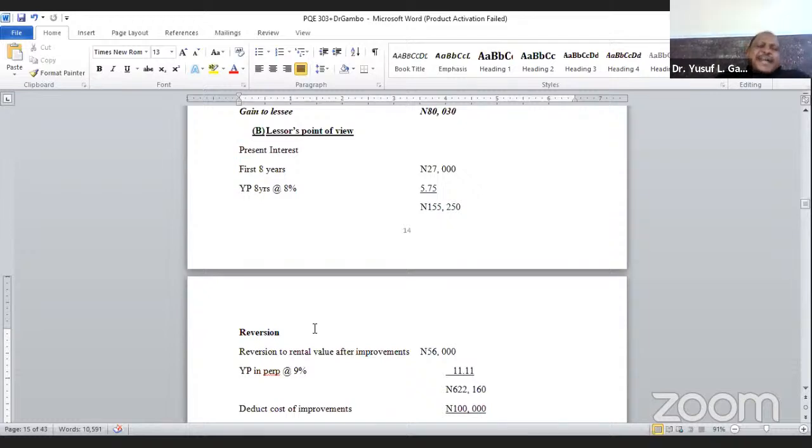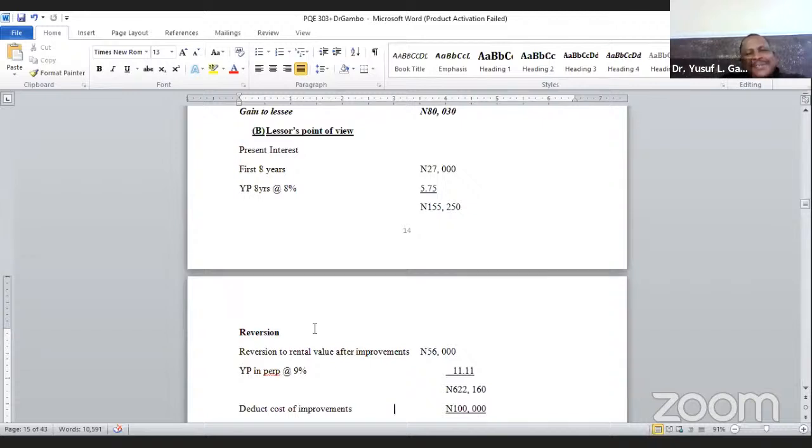Now let's consider the landlord. If you look at his present interest for the last 8 years in the first lease, before going for another 30 years for him to accept surrender, we have a rent reserved of 27,000 and YP 8 years single rate.